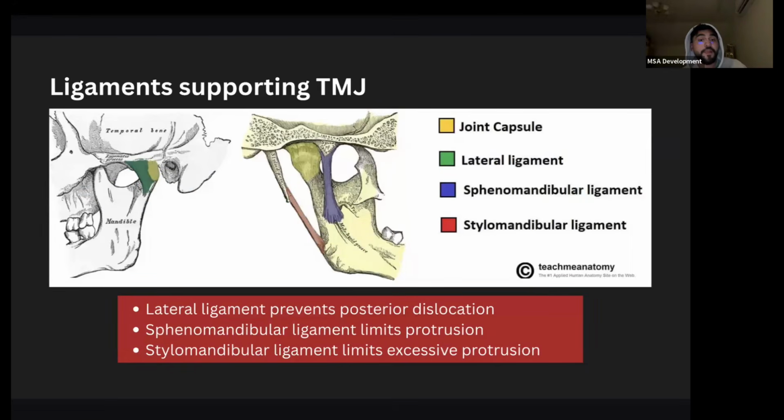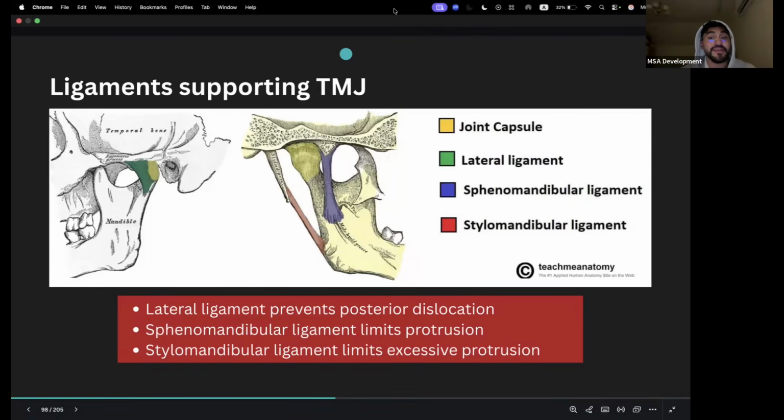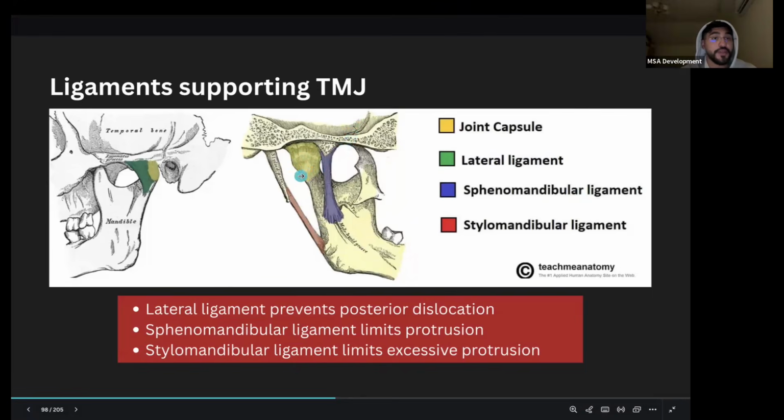If the sphenomandibular ligament is not working properly, then you could have just a lot of protrusion. If the stylomandibular ligament is not working, then you could have excessive protrusion. So you need to know the functions and how they protect the TMJ.